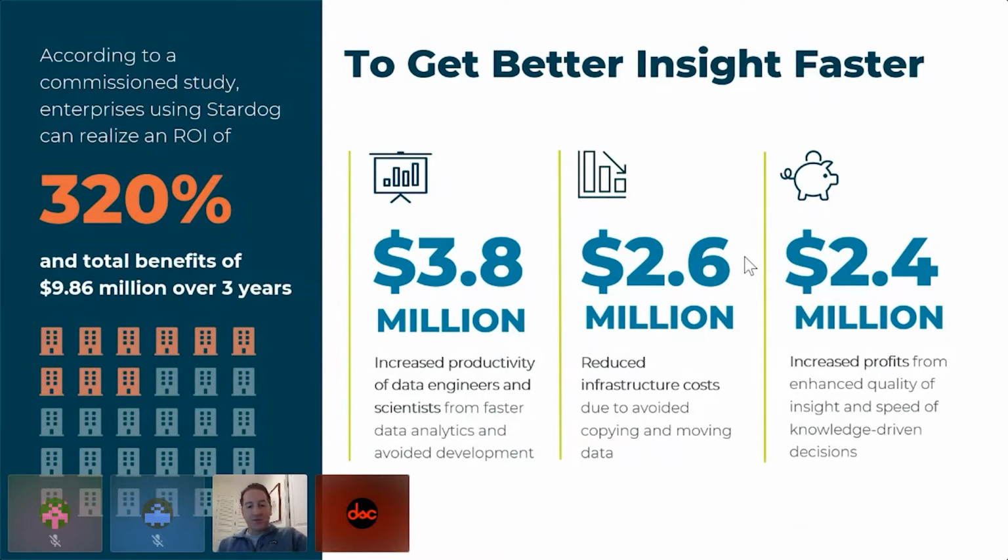It also allows you to integrate unstructured data and allow this data to be analyzed more easily. And then through Stardog's inference engine, you can generate new insights that may not have been as available or known before. And again, all of these benefits resulted in an over 300% ROI when using Stardog.